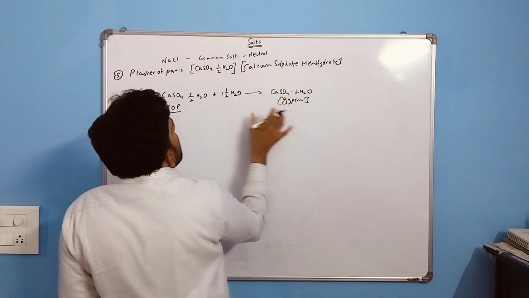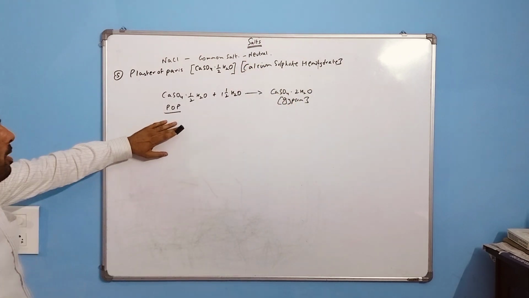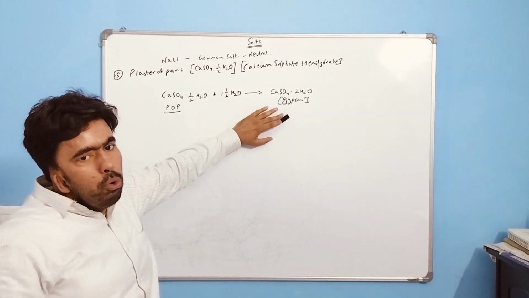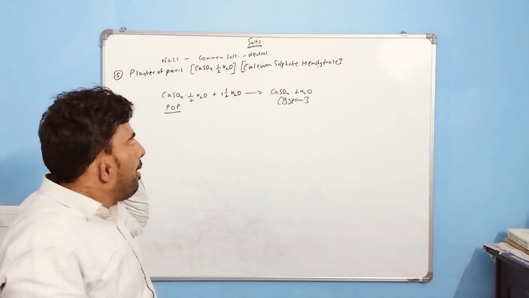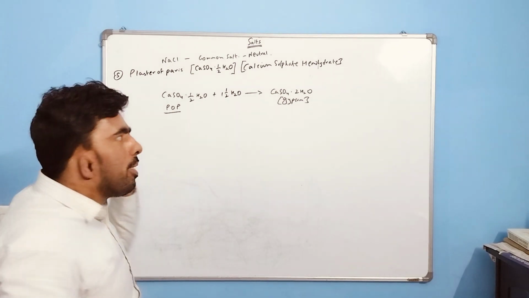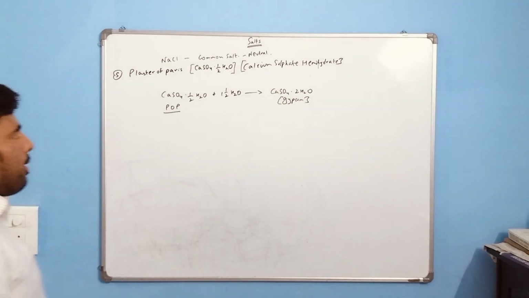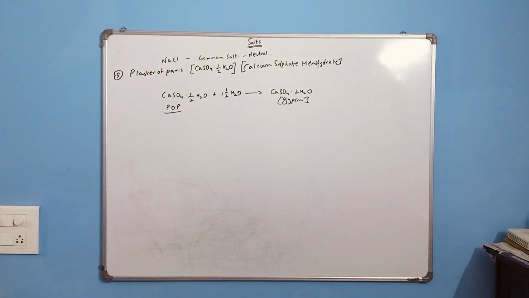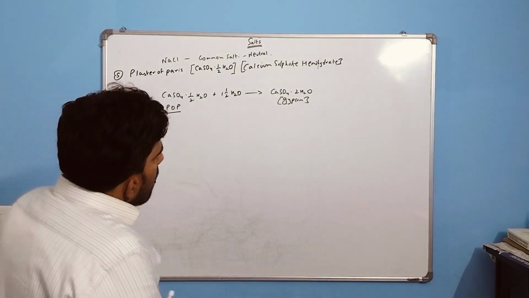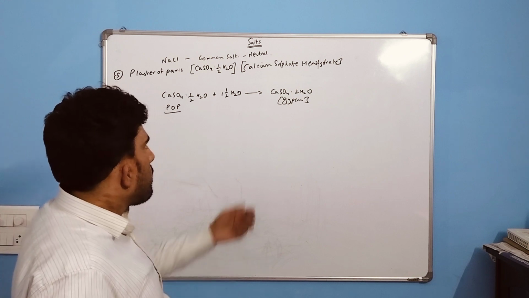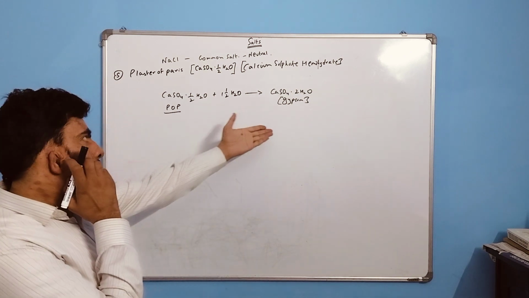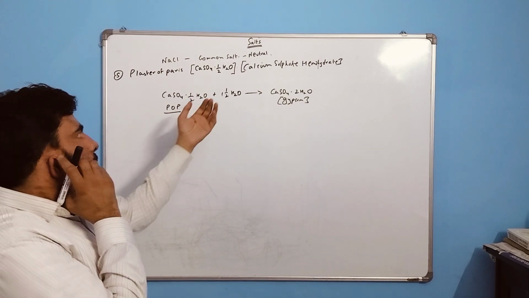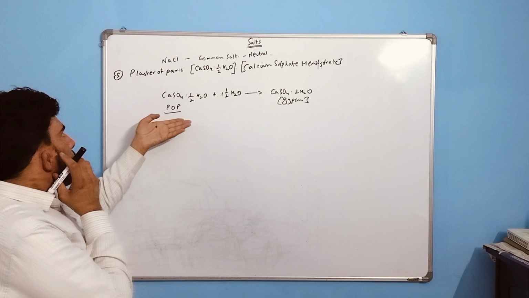When gypsum loses water, it becomes POP, CaSO4·½H2O. We all know where gypsum is used. It is used by doctors to set fractured bones in the right position, and many other things are also made with gypsum. It is a hard mass, and when it loses water molecules, it becomes POP, plaster of Paris, calcium sulfate hemihydrate.